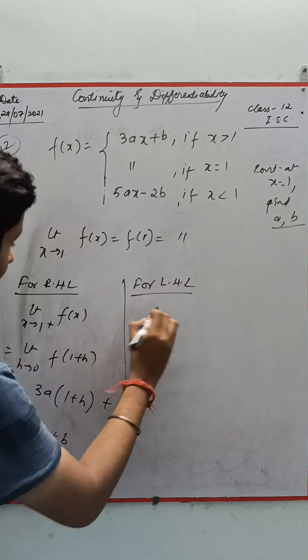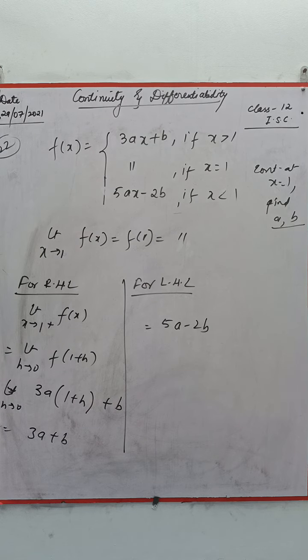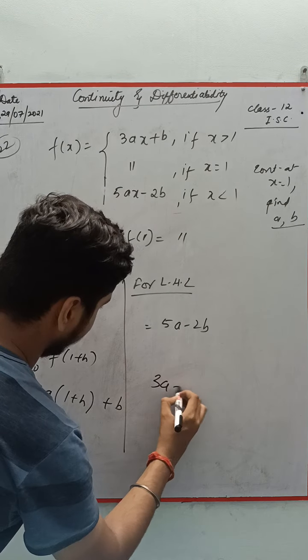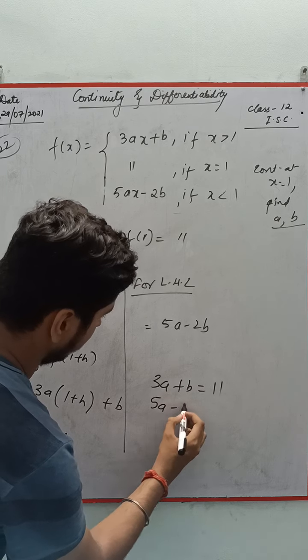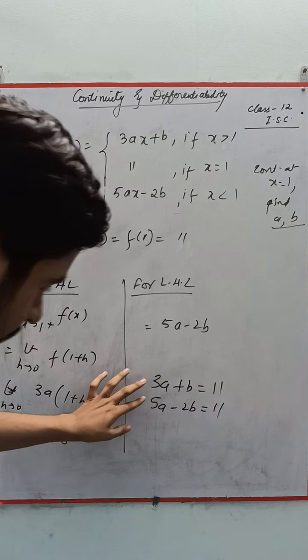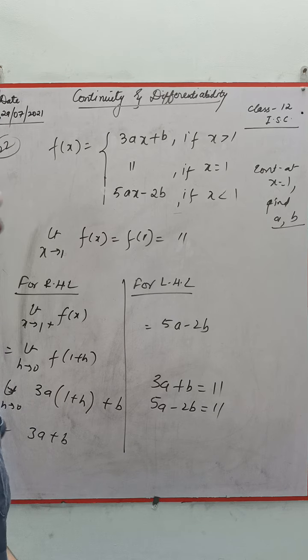Please you understand. Finally, you will get answer as 5a minus 2b. Now, RHL can be equalized with this. So, 3a plus b is equal to 11. And this also with this. Now, they two are linear equations. Solve it. You will get the value of a and b. I hope this is clear.